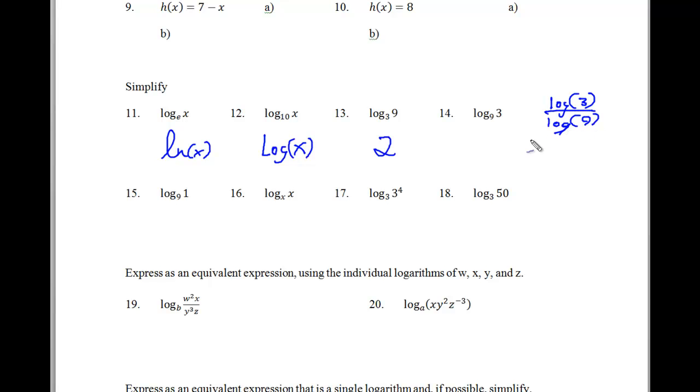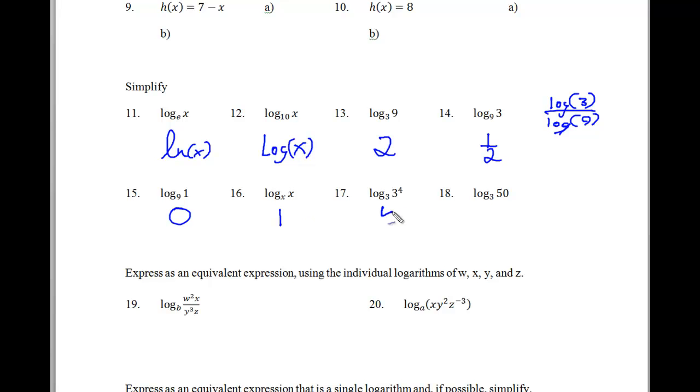The change of base formula will help you find out what this makes, and our answer here is 1/2 or 0.5, because the square root of 9 is 3. Here, the answer, 9 to the what power is 1, is 0. Anything to the 0 power is always going to be 1. Here, the answer is 1, because x to the first power is x.